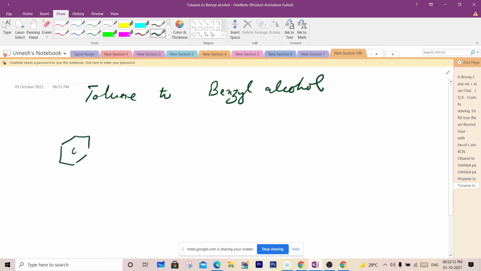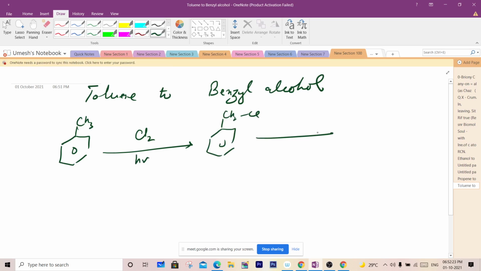Good. Toluene is benzene with a CH3 group, right? Then chlorine in the presence of light will give you this one. Then with aqueous KOH you will get benzyl alcohol here.